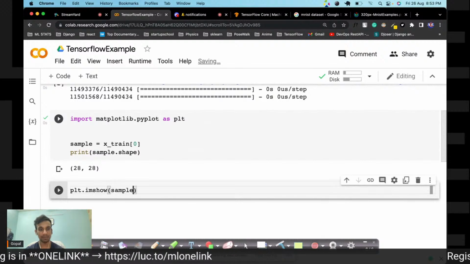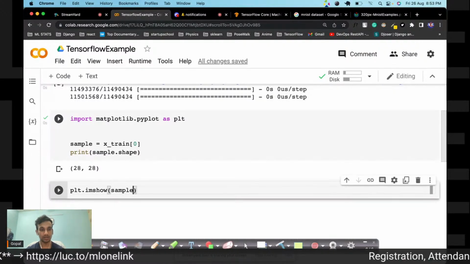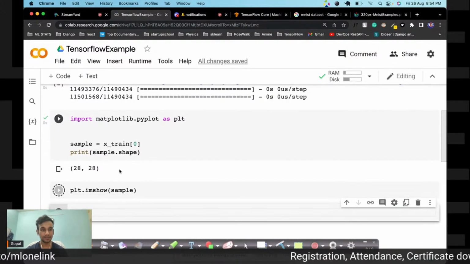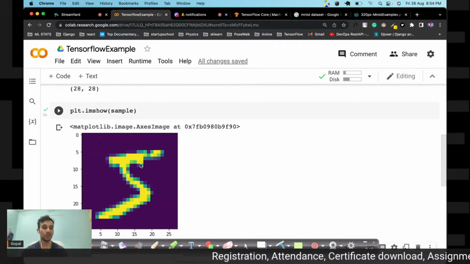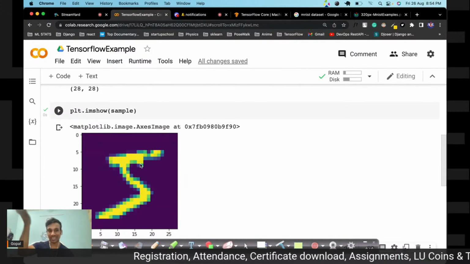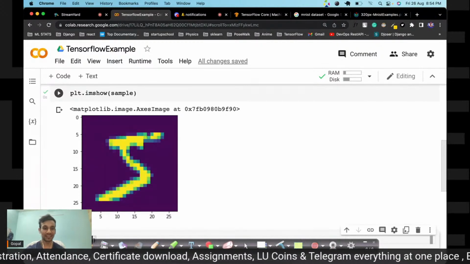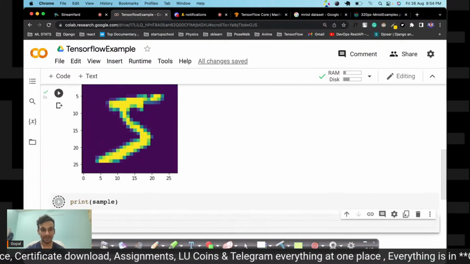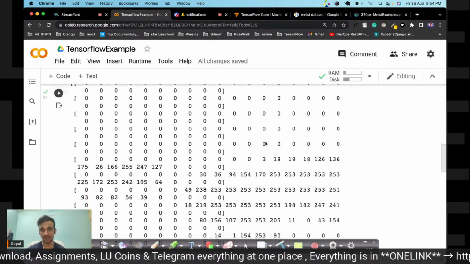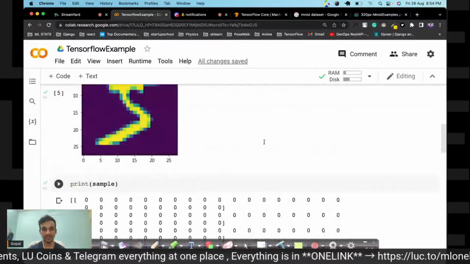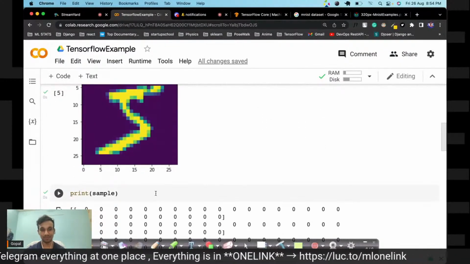So if I print the sample here, it is a 5, sorry, not a 3. All right, so if I print that value again, my bad, literally my bad. So it is actually a 5. I didn't see that, but it is a 5. Okay, that's fine.